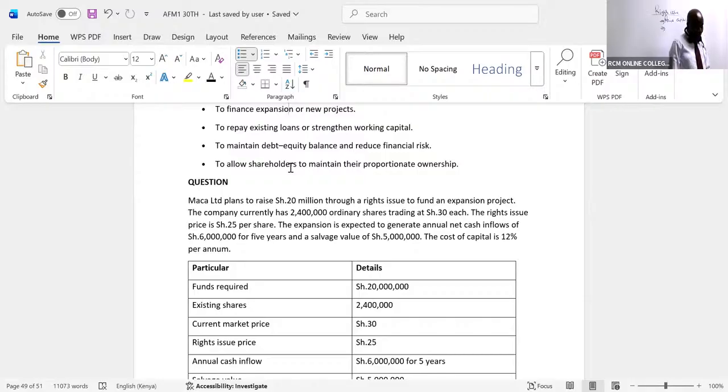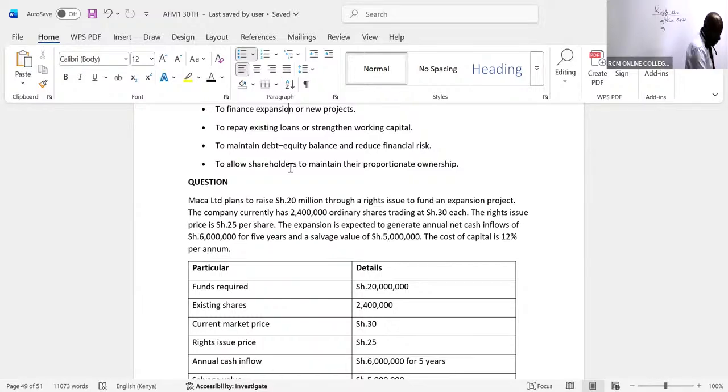The rights issue price is 25 per share. You can see the normal market price is 30, but the rights issue price is lower, 25. The expansion is expected to generate annual net cash inflows of 6 million for 5 years and a salvage value of 5 million, and the cost of capital is 12% per annum.